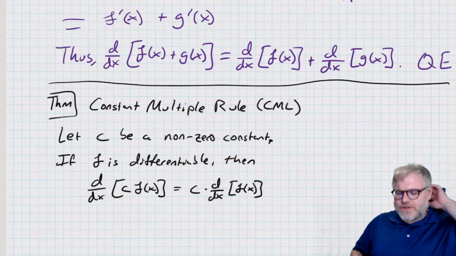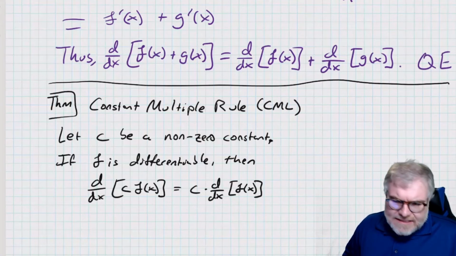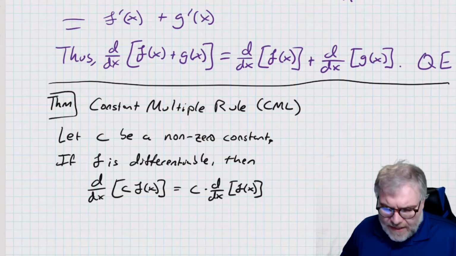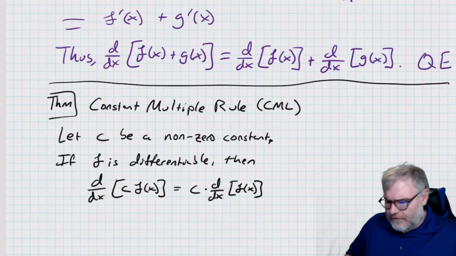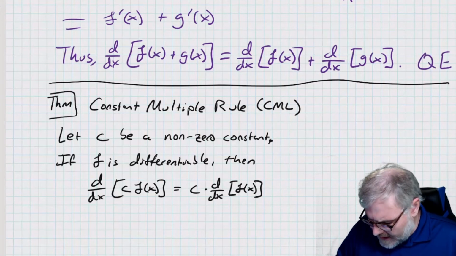So here the rule just says, if I've got a non-zero constant and a differentiable function, then I can just pull it off the derivative. So here's the example.